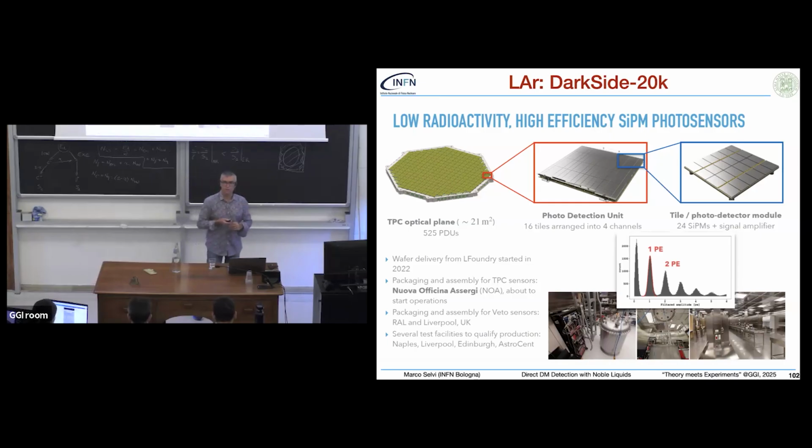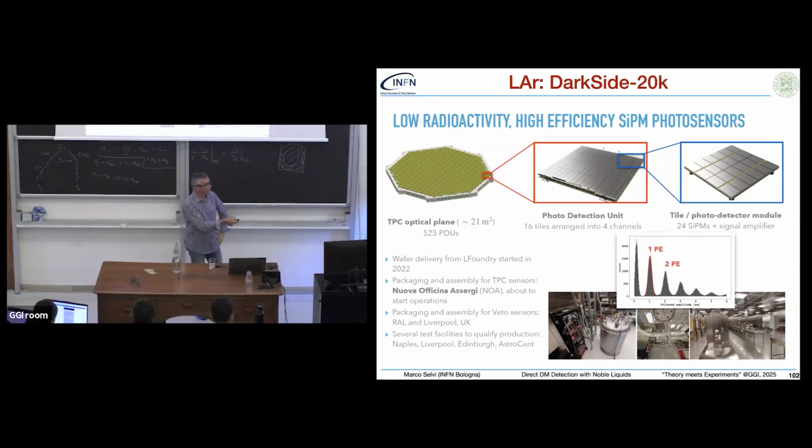I don't know how much you are expert on these tools, but it's a device that converts light into an electron. This happens when there is light, but also for thermal emission. So when you operate at room temperature, you have a very high rate of thermal electrons that are extracted and converted into signal. At the low temperature of liquid argon, this is decreased, and so it works.